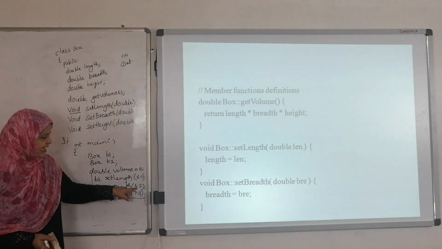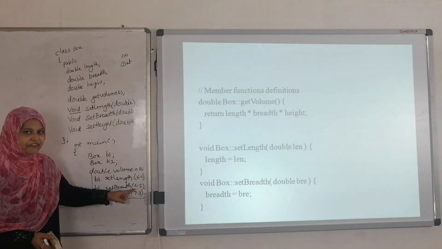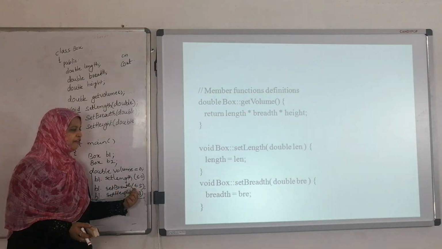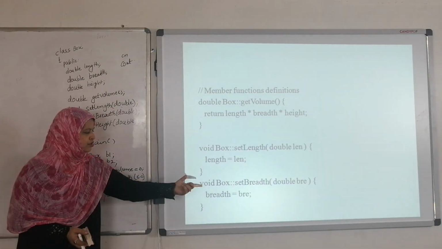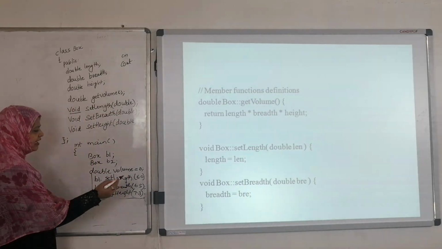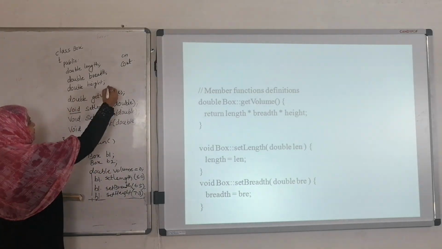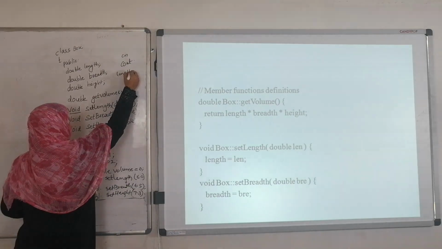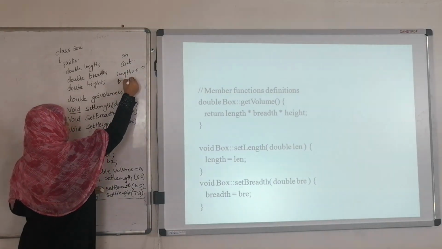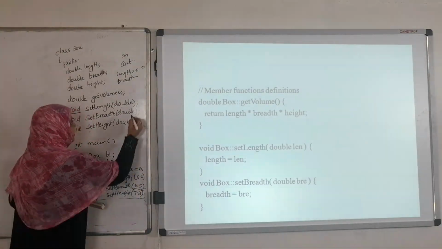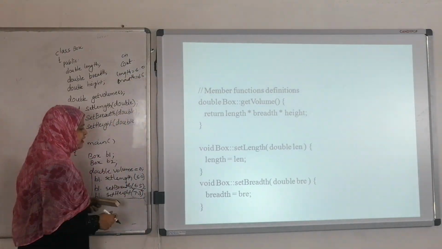What is the value of the BRE variable now? 6.5. Why? Because we are passing the 6.5 value to the set breadth function. So breadth equals BRE. What is the value of BRE? 6.5. Here the length equals 6.0, and breadth equals 6.5.